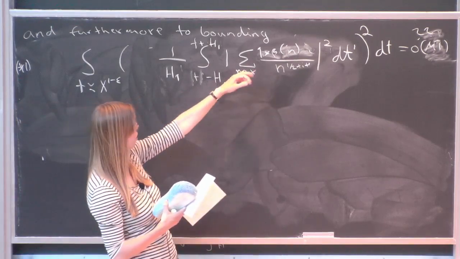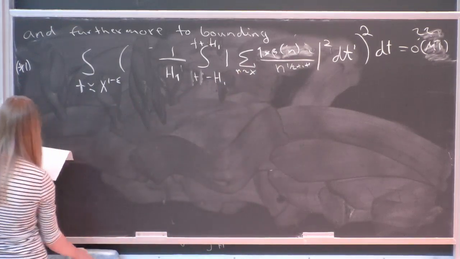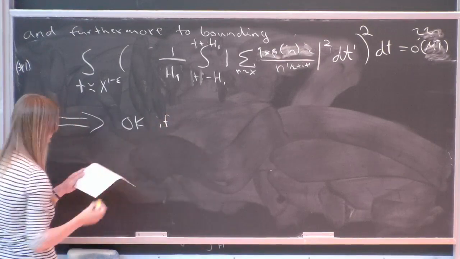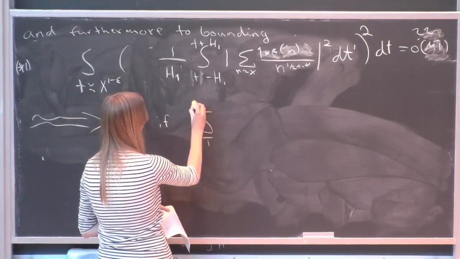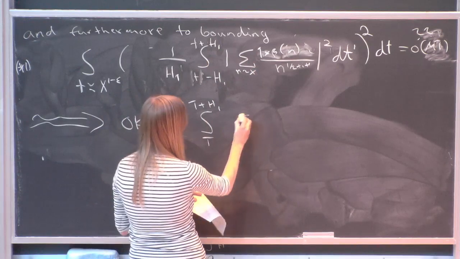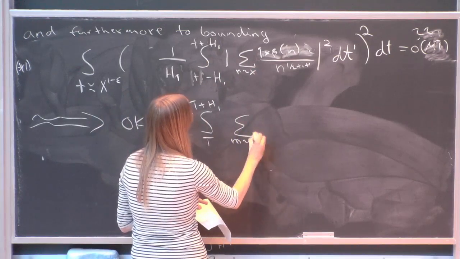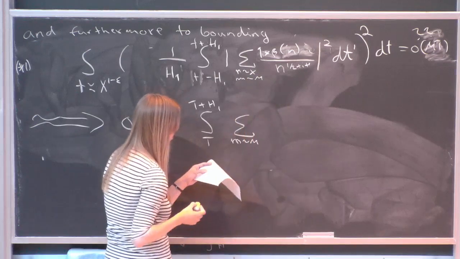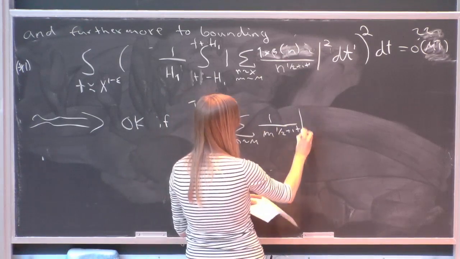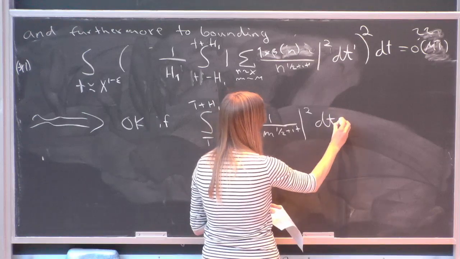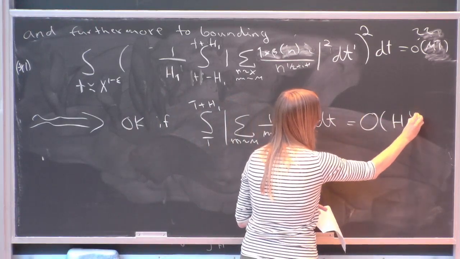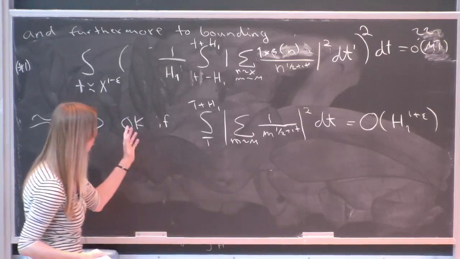For the term with beta, we can just use the mean value theorem, and for the term with 1, there is some stuff going on, and what we end up with is that this is okay if we can do this integration in a short range for this one function here, m of size m, 1 over m to the 1 half plus it squared dt, and if we can get for this the correct bound, that this is O of h1 to 1 plus epsilon.